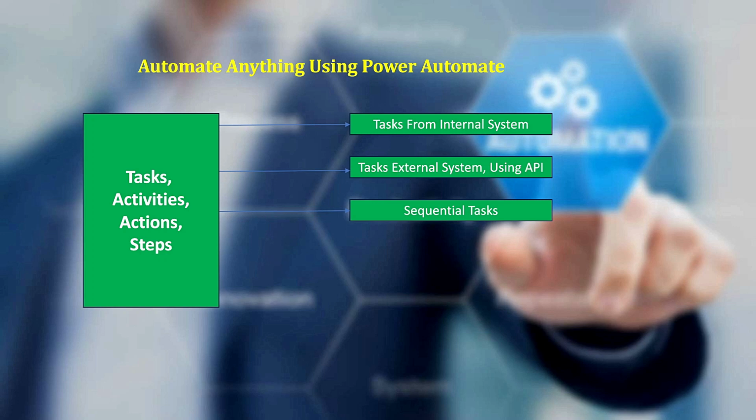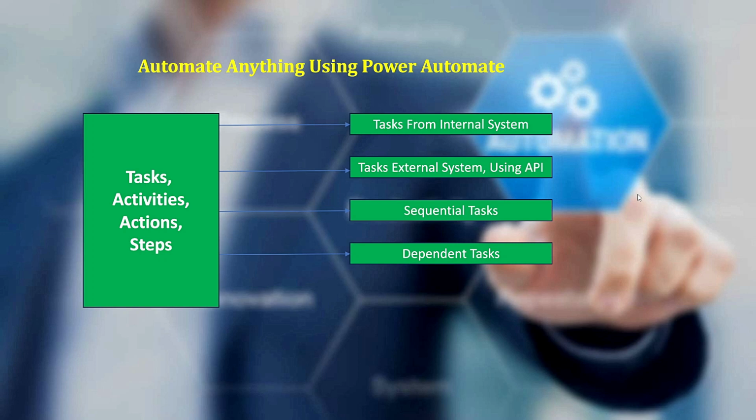That kind of process, where sequence is required, you can also automate. Like after this step, the second step needs to be done, then the third step needs to be done. That is what you can also automate using Power Automate.